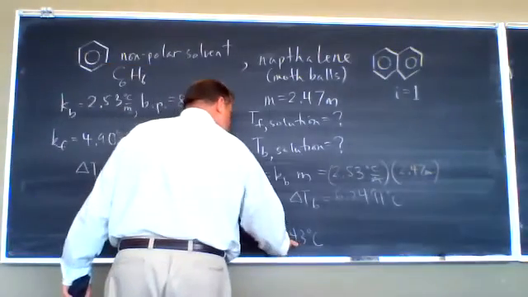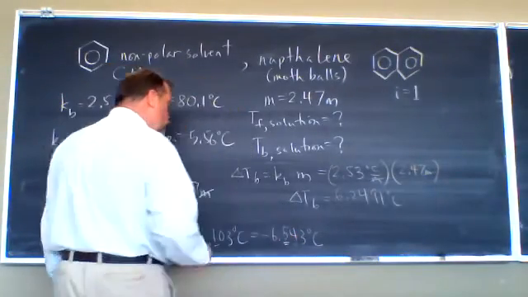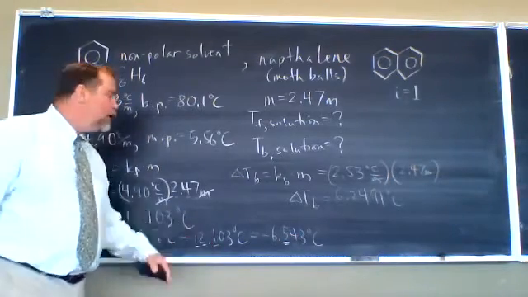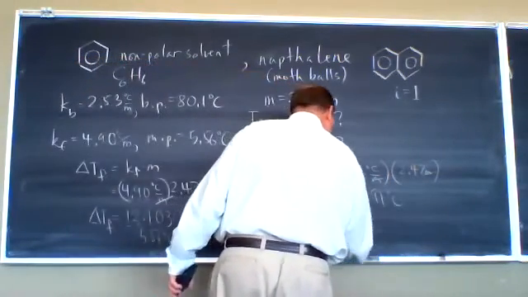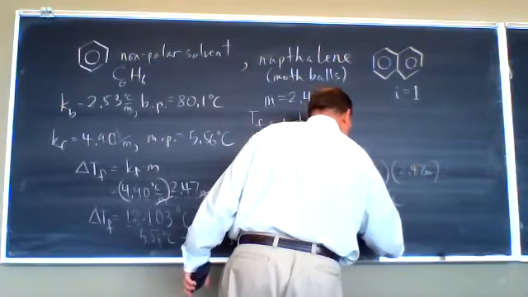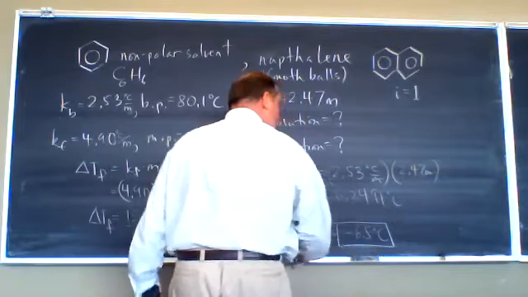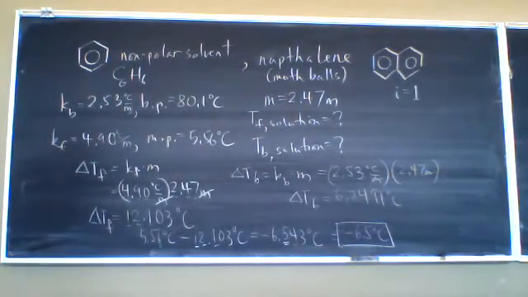And so when we do the subtraction, we can only report that answer to the tenths place. The new freezing point would be negative 6.5 degrees Celsius. That is the freezing point of a 2.47 molal solution of naphthalene in benzene.